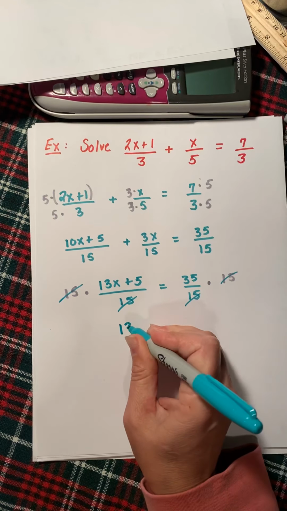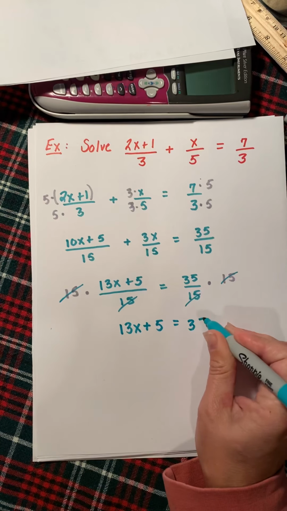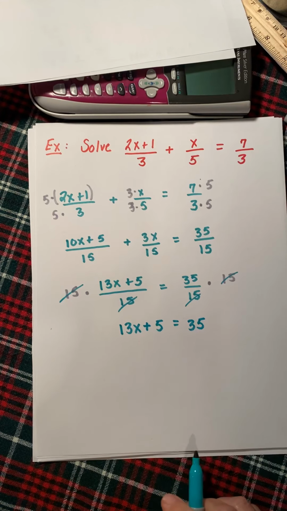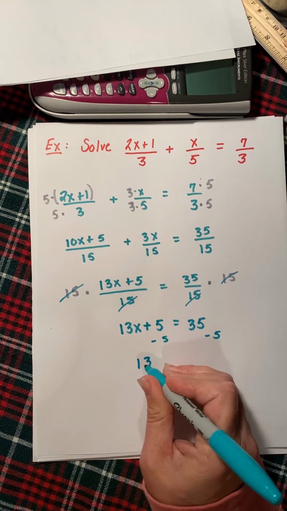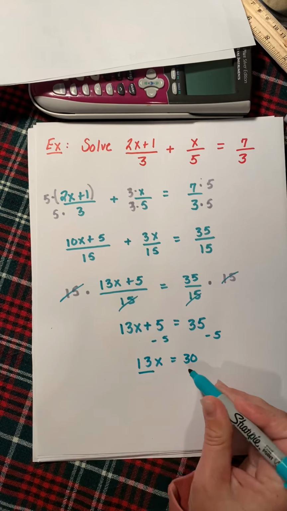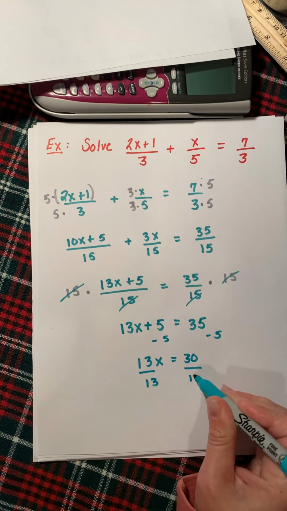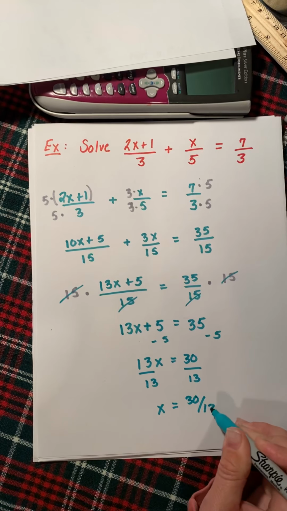So this reduces to just solving this little itty bitty linear equation. And now I'm going to solve for x. We solve for x by subtracting 5, and then we divide out the 13. So x is equal to 30 over 13.